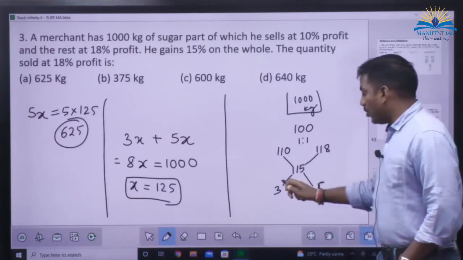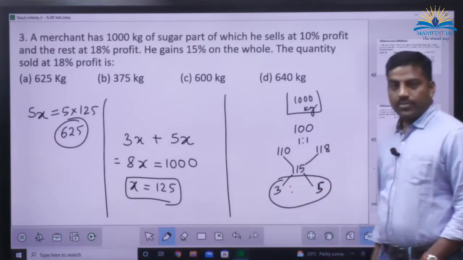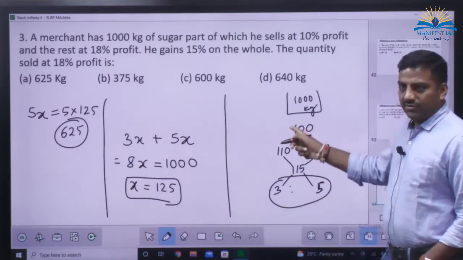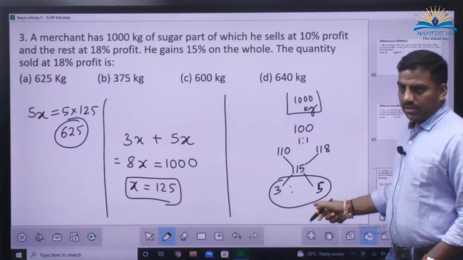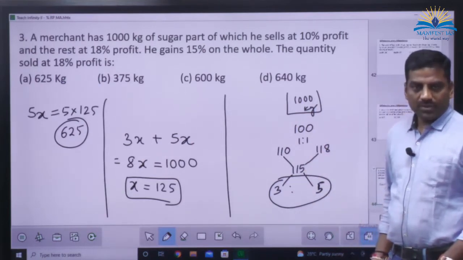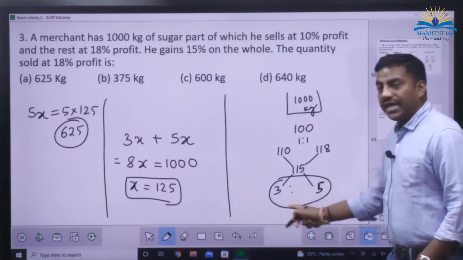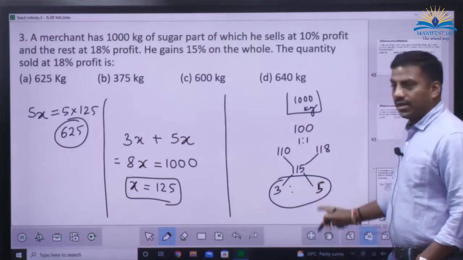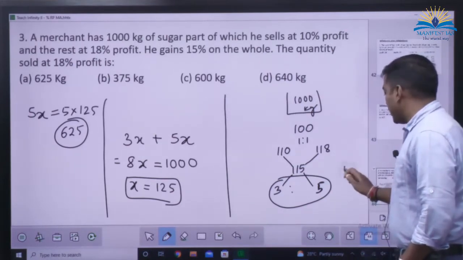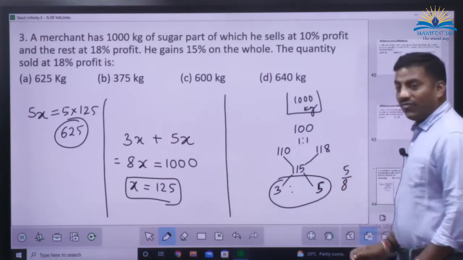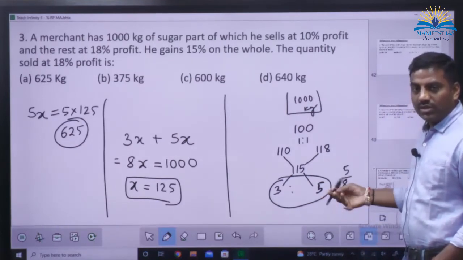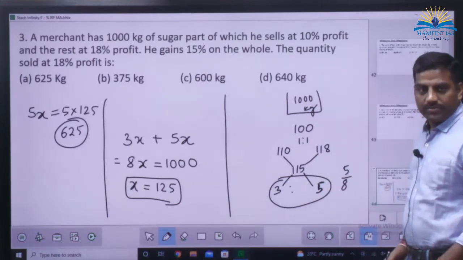Or else, from here only you can solve. If he had sold 3 kgs of 10% wala, he would have sold 5 kgs of 18% wala. Correct? In total 8 kgs, what is the share of costlier sugar? 5 by 8 is the fraction of costlier sugar.